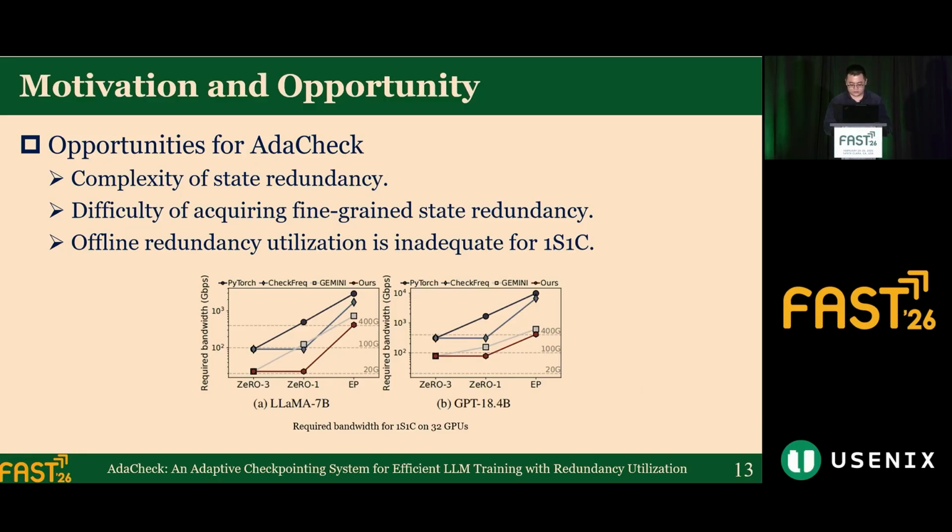Second, the network bandwidth required by existing checkpointing systems to support 1S1C is often unattainable in practice. The persistent storage bandwidth used by PyTorch naive checkpointing and CheckFreq is typically under 100 gigabits per second, while the worker interconnect bandwidth used by Gemini and AdaCheck is generally below 400 gigabits per second.